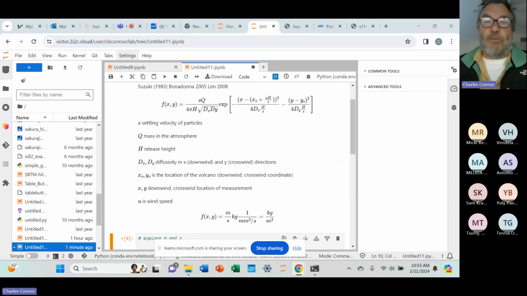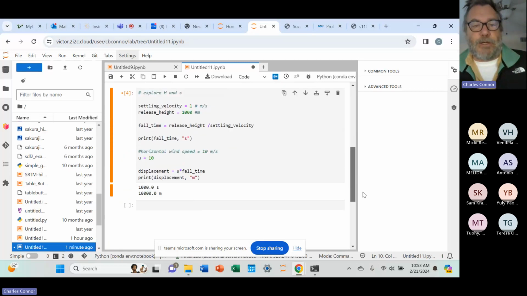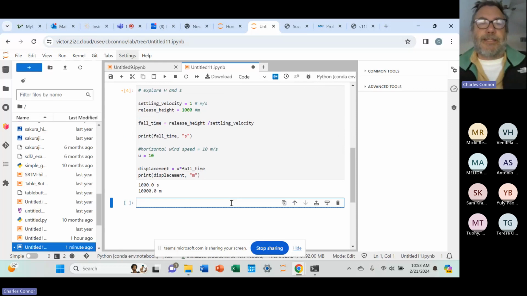I'm assuming a constant horizontal wind speed and so on. It's a bit of a simplification, but give me a break. We're just developing a code to understand tephra dispersion here. So I'm going to start then by creating a function.